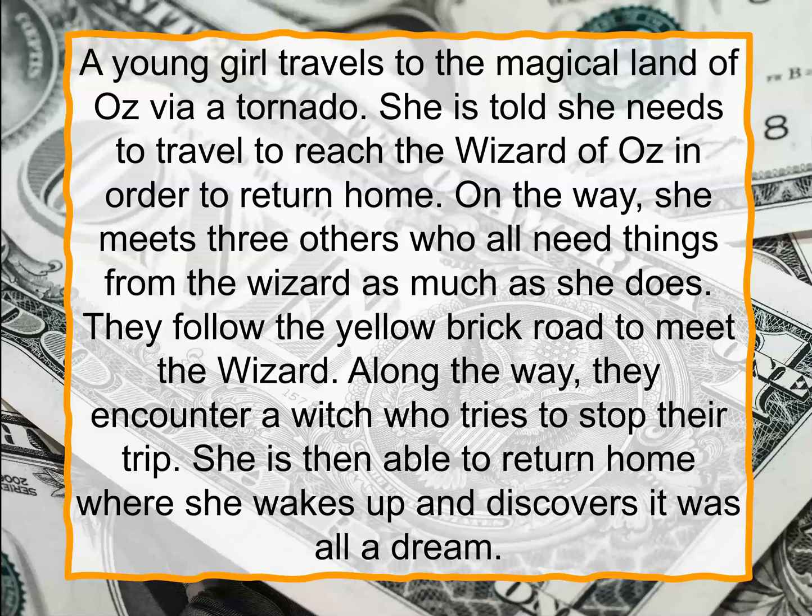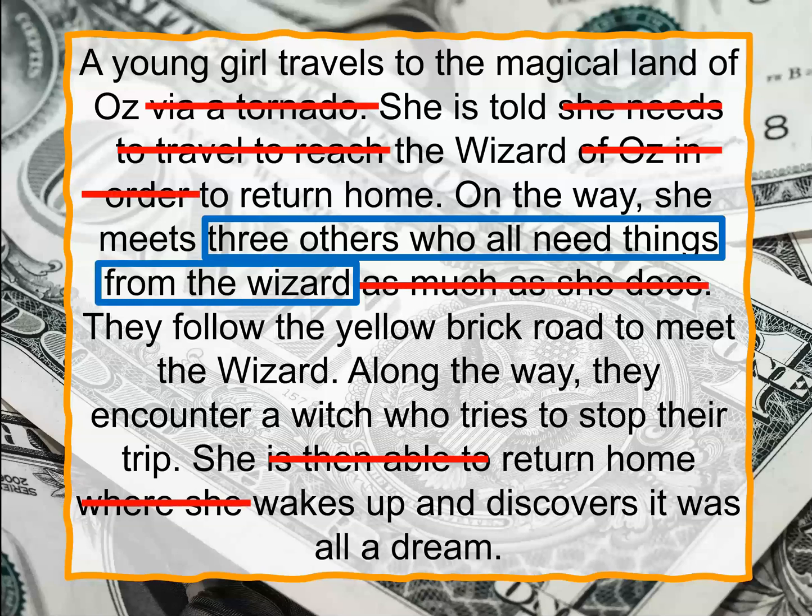I need to get this summary down to 50 words or less, that $5 summary. As I reread what I have written, I can find places that are wordy or redundant. I can find sections that might be combined into fewer words. I noticed the phrase "a young girl" could be easily translated to just Dorothy.